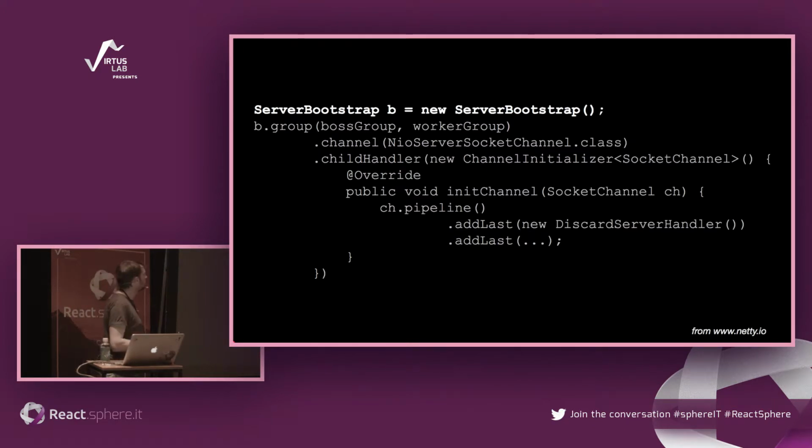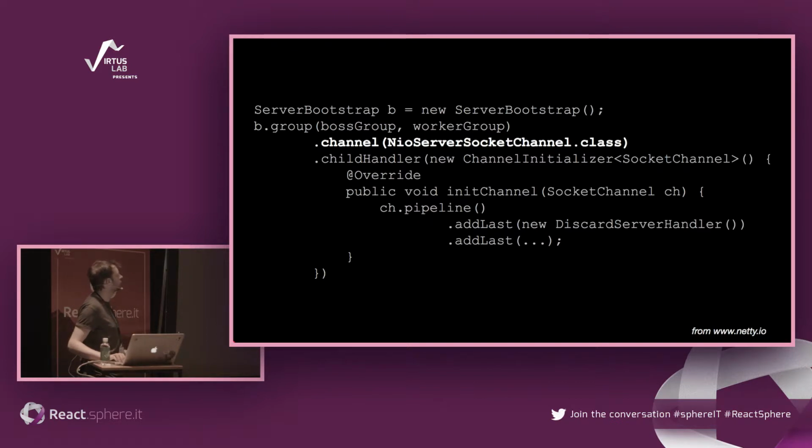So for those of you that never worked with Netty, I would like to quickly walk through some code and some overview to give you a feel for how it's used. Basically, you're using a simple builder. You can decide how many threads you're going to use by defining the thread group.